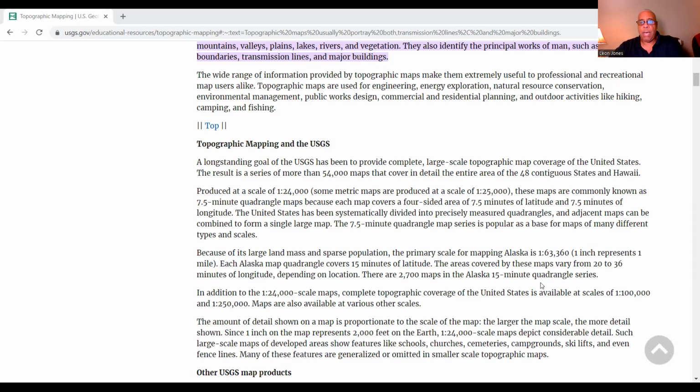Since 1 inch on the map represents 2,000 feet on the Earth, 1 to 24,000 scale maps depict considerable detail. Such large maps of developed areas show features like schools, churches, cemeteries, campgrounds, ski lifts, and even fence lines. Many of these features are generalized or omitted in smaller scale topographical maps.